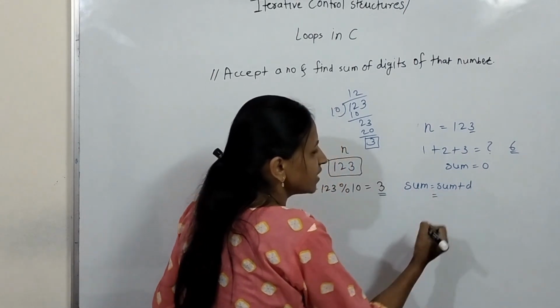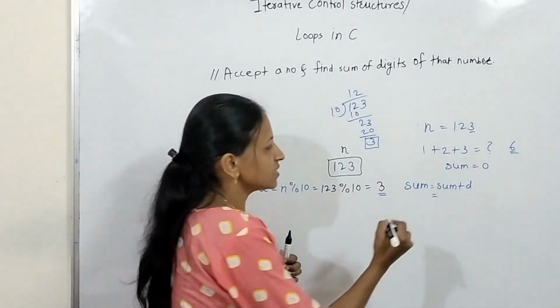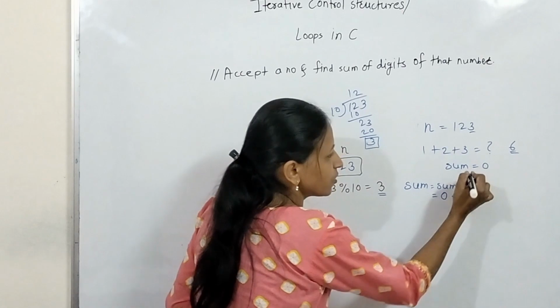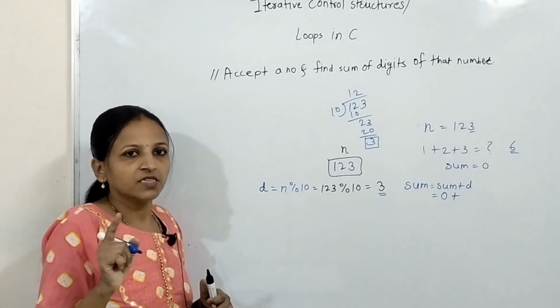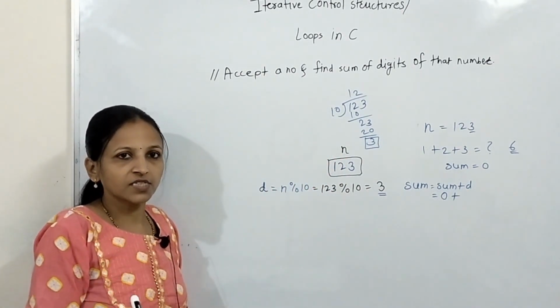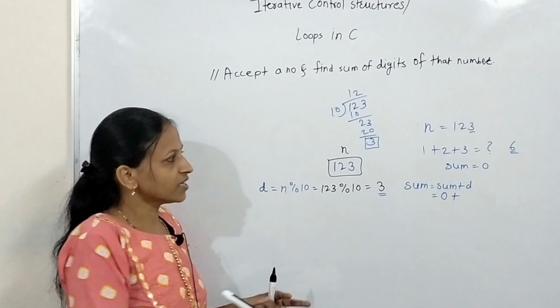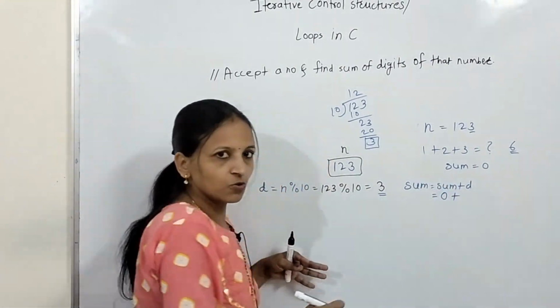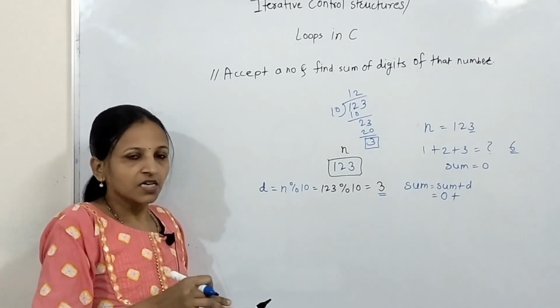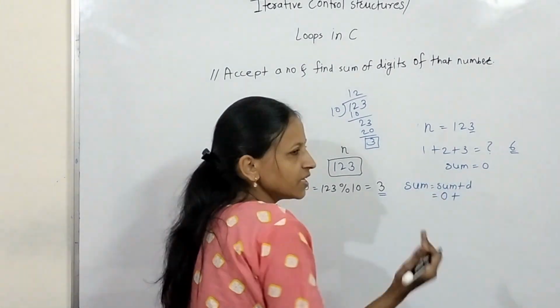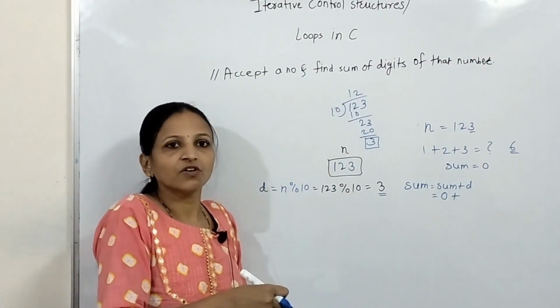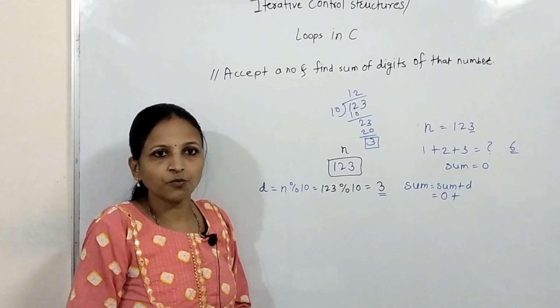In this case what will happen? The initial value of sum is 0. Always remember this point: initially sum should be 0. In C programming, whenever we declare any variable, the initial value is always a garbage value. If we are not initializing sum to 0, there may be some garbage value and we will add something to it, so we will not get the proper result.